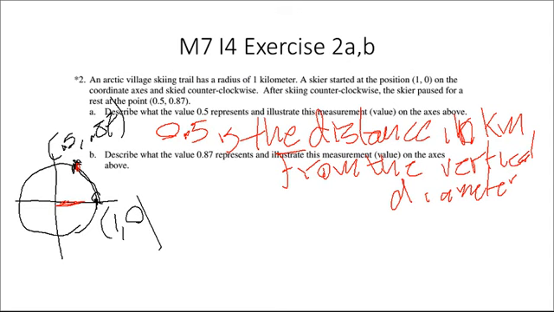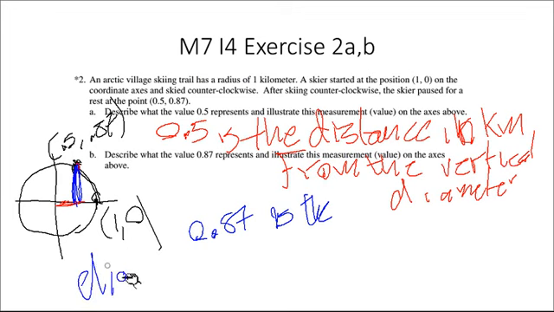Now 0.87 by contrast is this distance. 0.87 is the distance in kilometers. That's important.